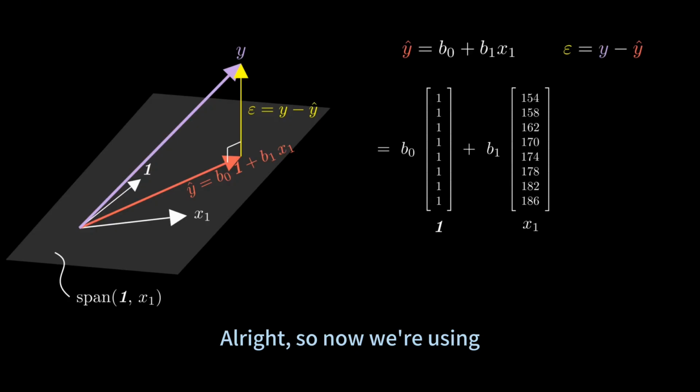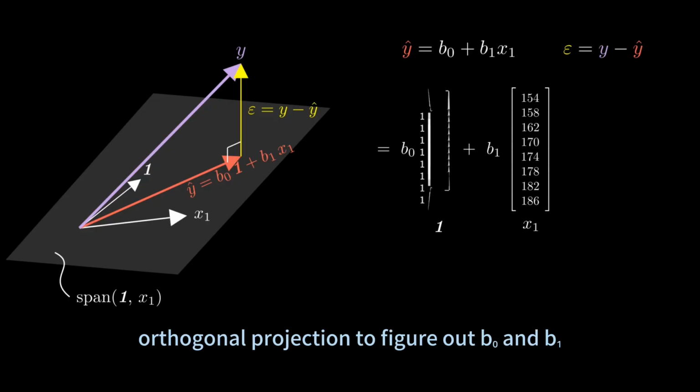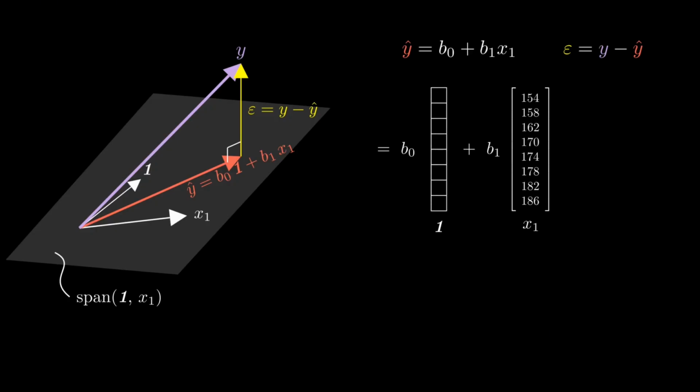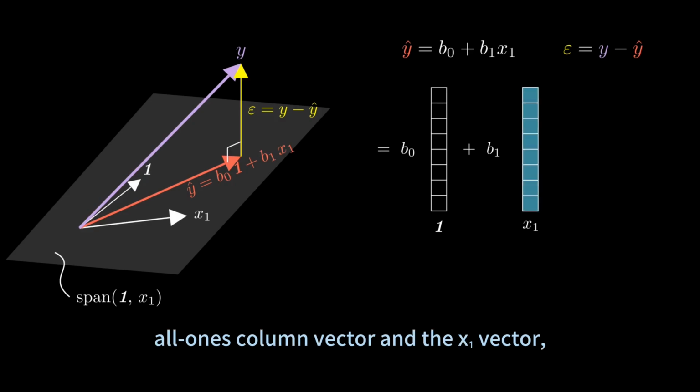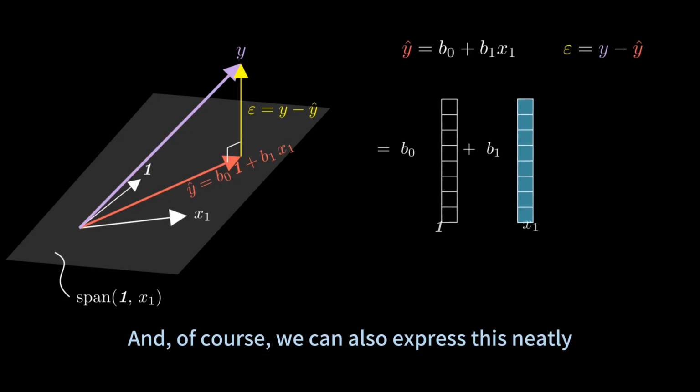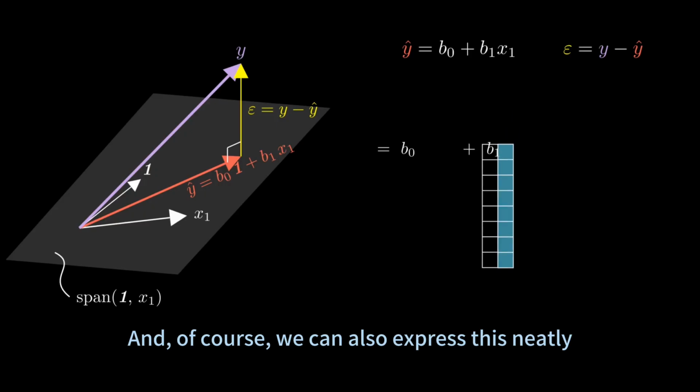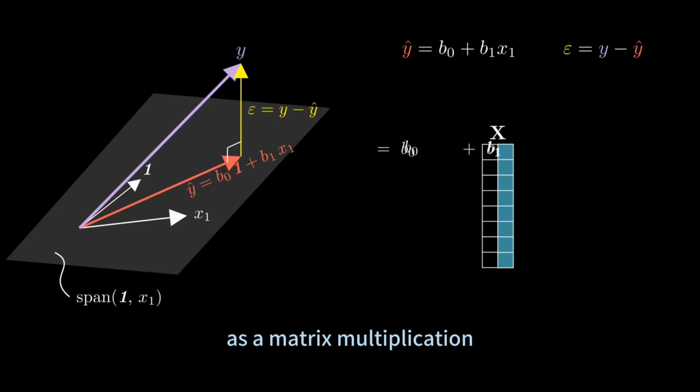Alright, so now we're using orthogonal projection to figure out B0 and B1. The vector y hat is basically just a linear combination of the all ones column vector and x1. So we can write it like you see on the screen. And of course, we can also express this neatly as a matrix multiplication.